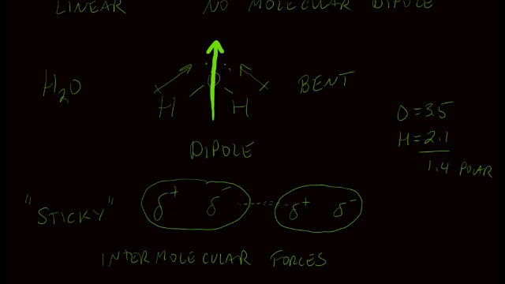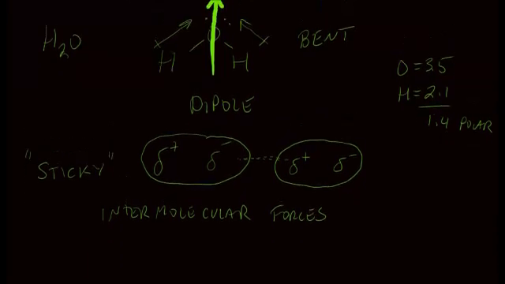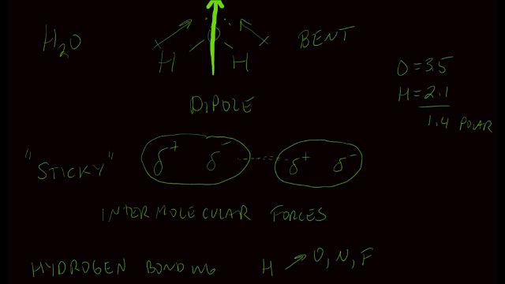And dipole-dipole interactions are very strong. The dipole-dipole action we have here in water is a special type called hydrogen bonding. It occurs primarily when hydrogen is bound to either oxygen, nitrogen, or fluorine. These are the 3 most electronegative species on the planet. And as a result, these 3 particular species cause hydrogen to be very, very partially positive, and these 3 species become very partially negative.